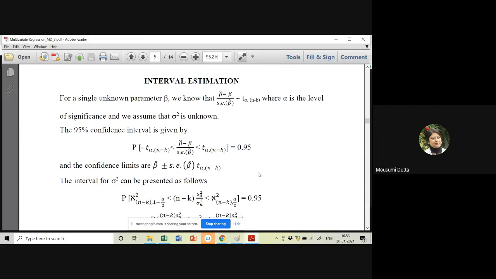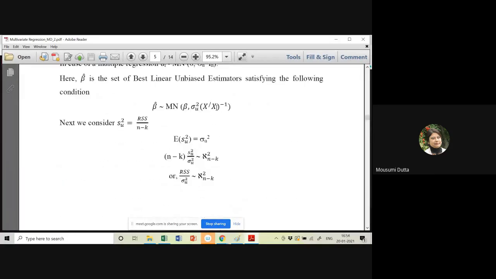Now, in the context of a multiple regression, the entire proposition will remain unchanged. Only in place of the standard error of beta hat, instead of considering sigma square divided by summation xi square, we will consider the variance covariance matrix.